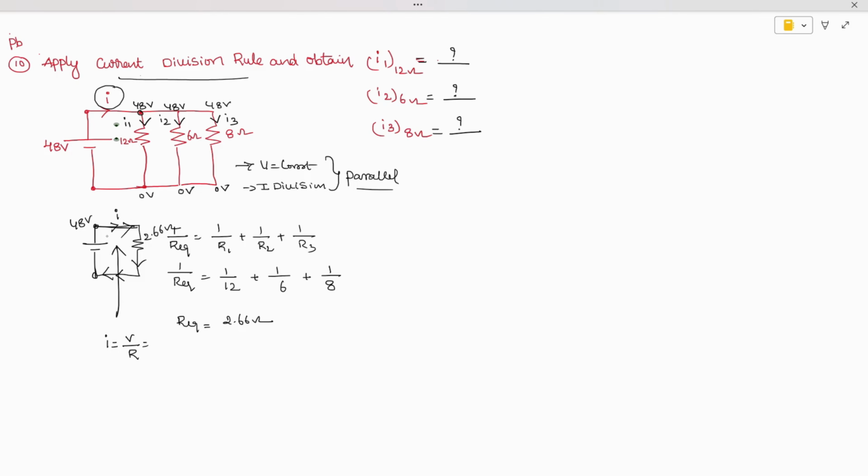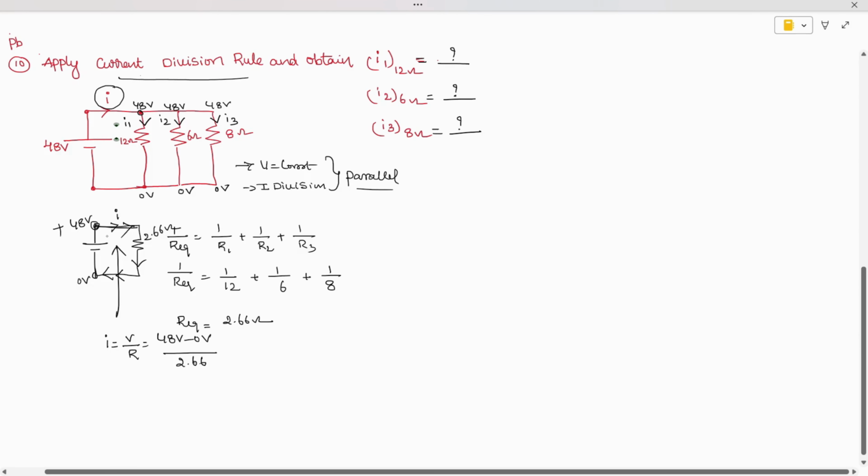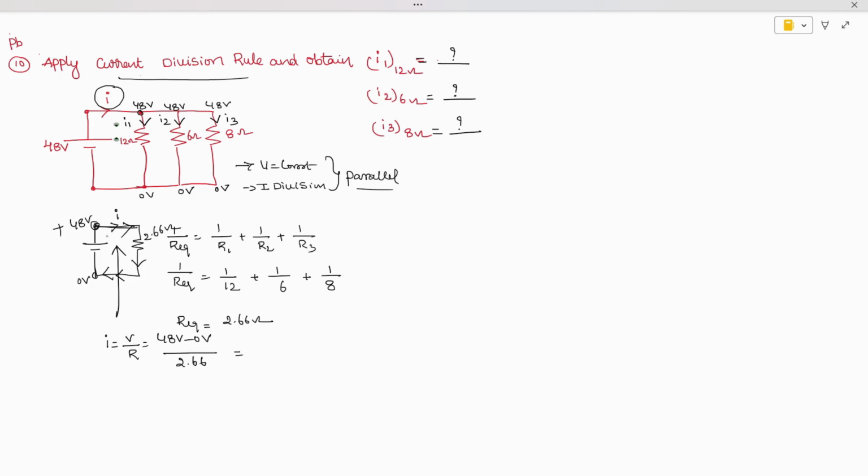So I can write current I equal to high potential, 48 volts, minus low potential, 0 volts, divided by R value after simplification, 2.66. Then we get the current as 18 amperes.